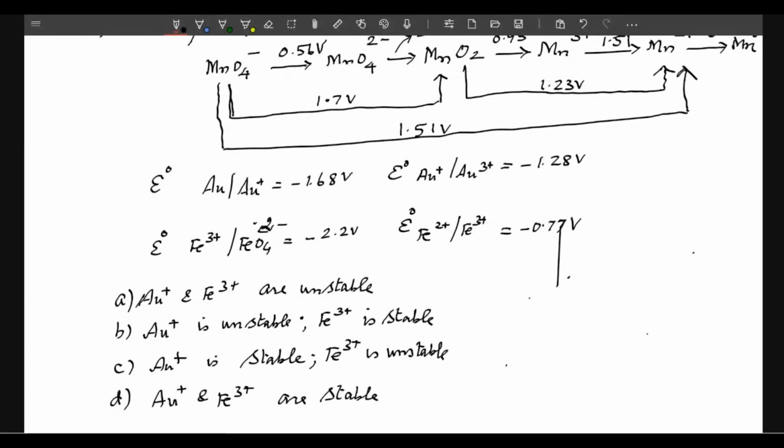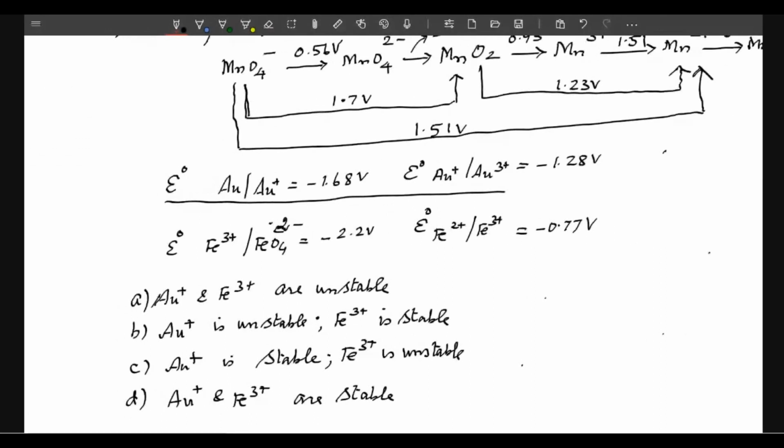Here we are going to give the systematic method, then we apply it with the shortcut method. First step: what are the oxidation states given in these electrode potential values? Gold is in the 0 state, the +1 state, and the +3 state.